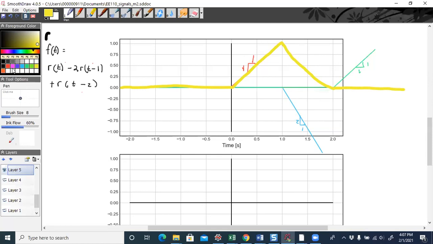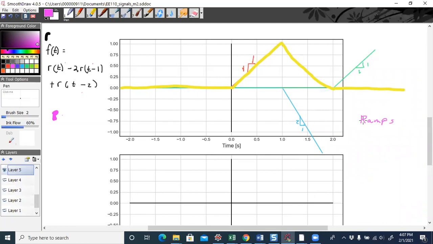And so with ramps, when plotting ramps, notice how I'm not worried about where it starts, but I'm keeping track of the net slopes, right?